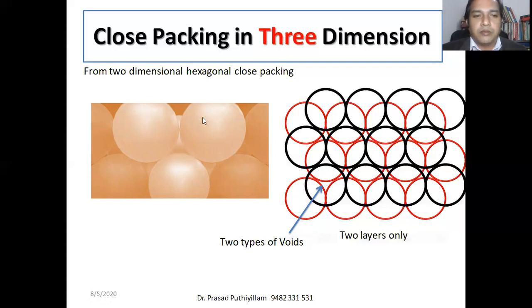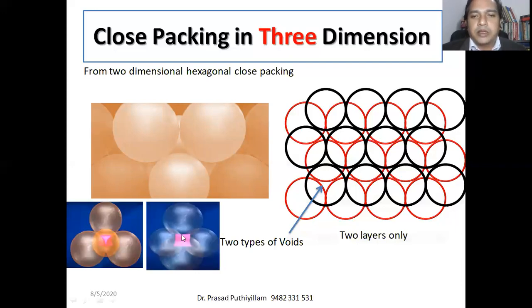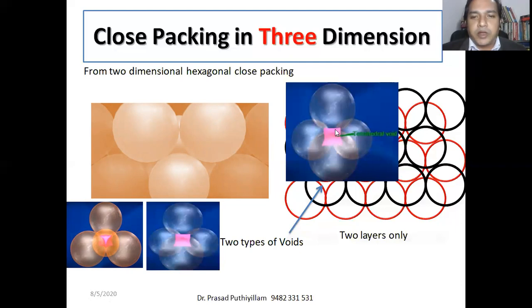Okay, here three atoms are arranged exactly above that, and it forms an arrangement like this. The void or the gap can be filled like this, or we can say it becomes a tetrahedral void.